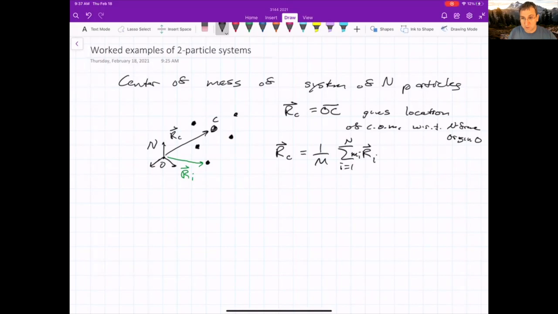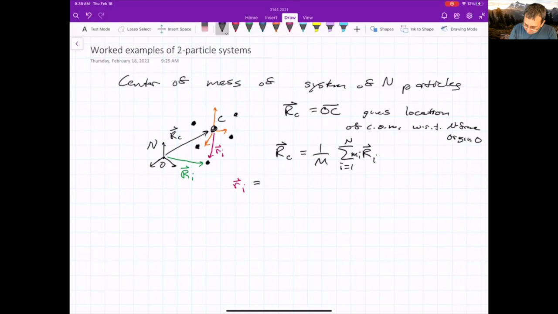Now, it's sometimes convenient to think of a frame that's attached to the center of mass. So maybe I'll move this letter C out of the way and think of a frame attached to the center of mass. If we so desire, we could write the position of all of the particles, and I'll use little r_i to represent the location of each particle with respect to the center of mass.